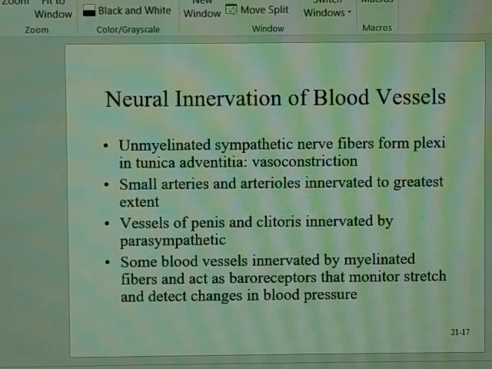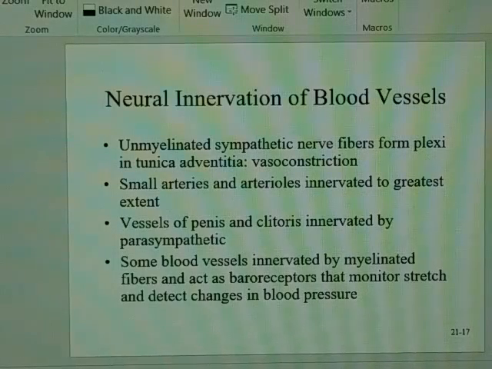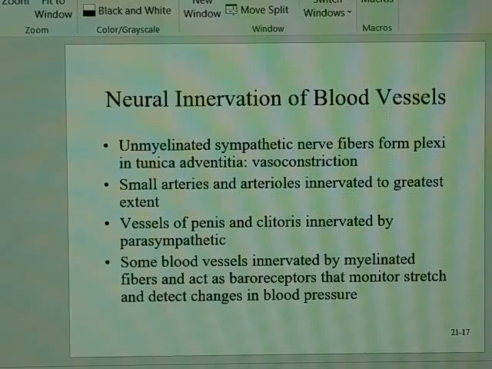If you remember what a plexus is, that's a grouping of the nerve fibers in the adventitia of the vessels. And they're going to be able to release a neurotransmitter so that it will connect to the smooth muscle cells. The sympathetic stimulation is going to help the blood vessels constrict. If it's a parasympathetic fiber, the parasympathetic are going to cause dilation.